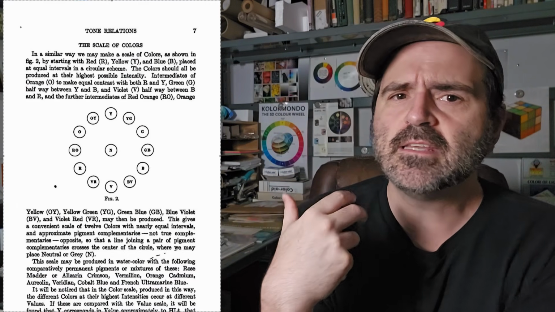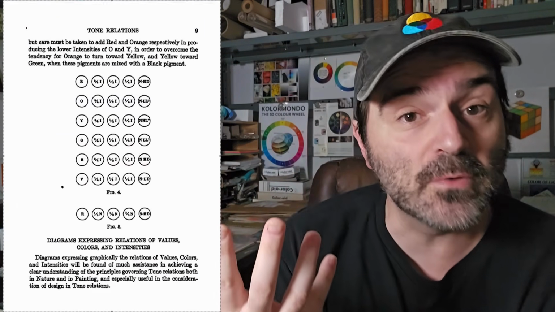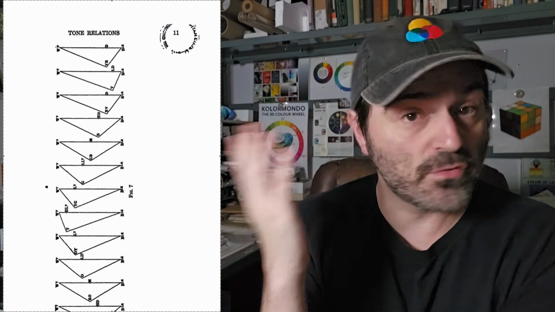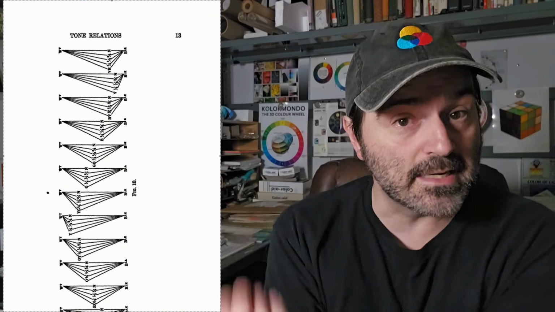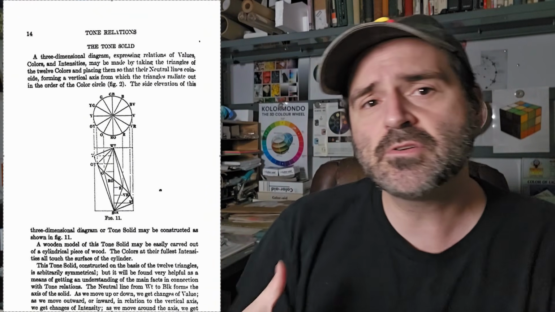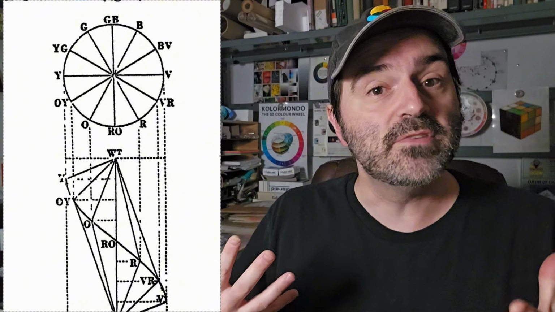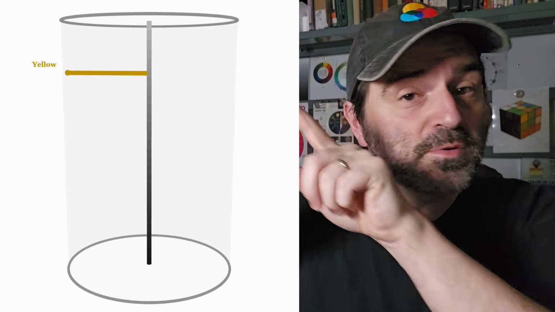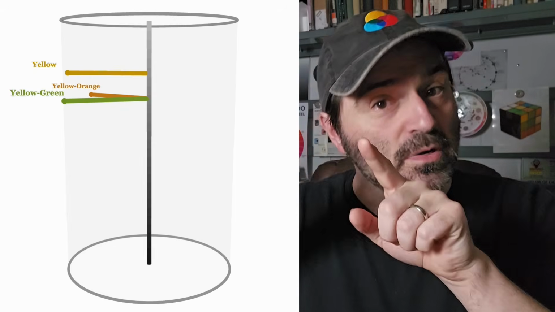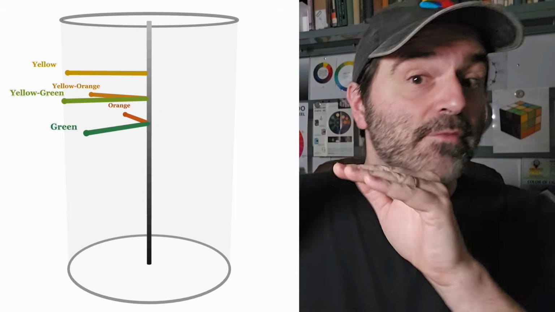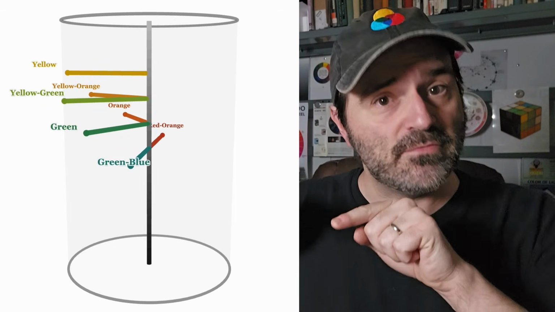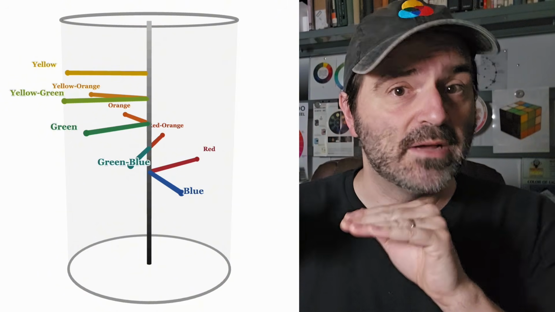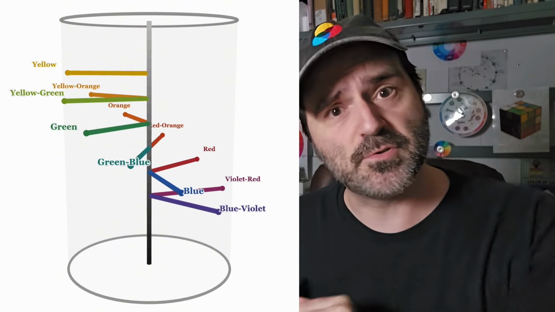Pope visualized the idea a number of different ways. Every hue reaches its full chroma at a different lightness level, and in his model there's a symmetry to it. Vivid yellow is the lightest, but then going down both slopes, both directions from yellow, vivid green and vivid orange are about the same lightness, and then vivid blue and vivid red are about the same lightness, and then down to purple.